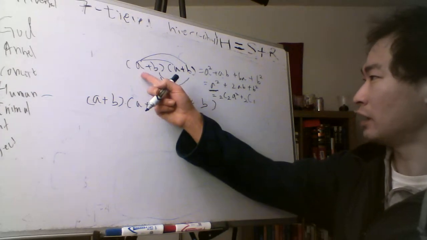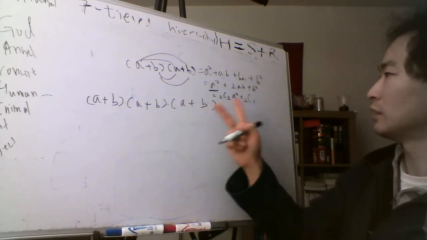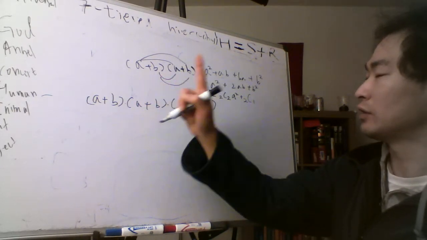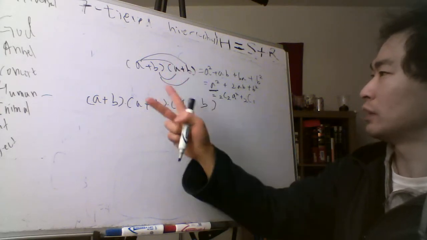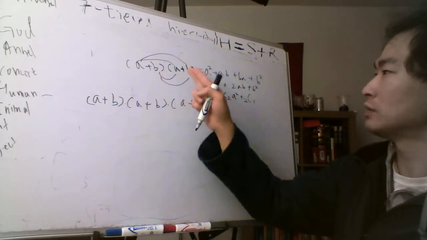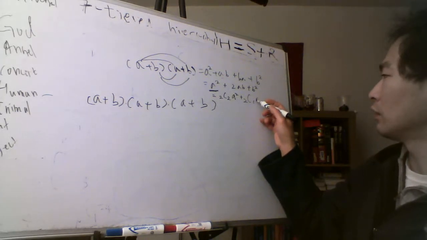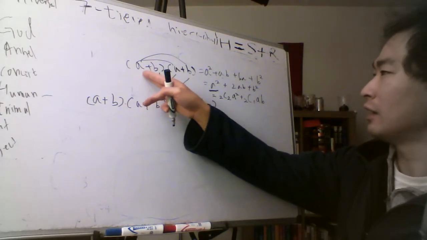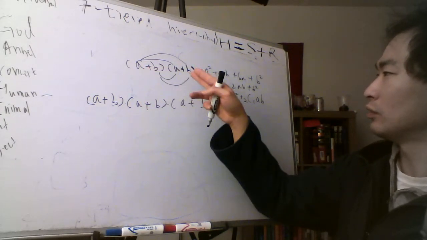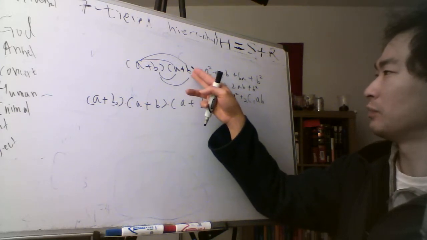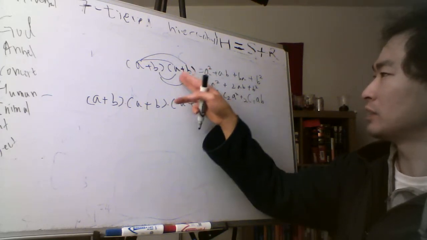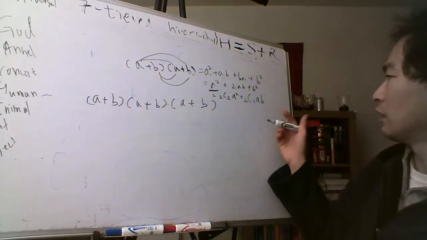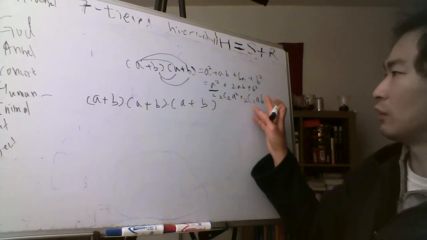Either we pick this a or this a, so there are two ways. Once you pick one a, the other one is determined, because you're picking b. So that's why we need to consider only a.